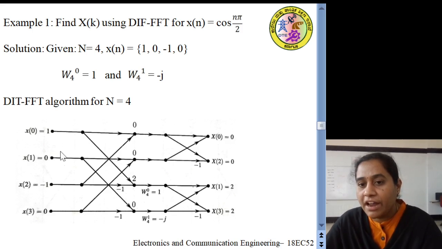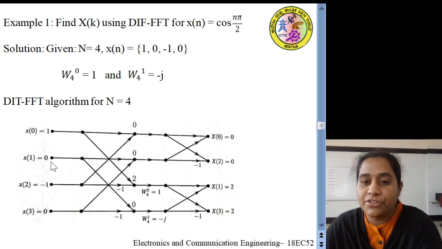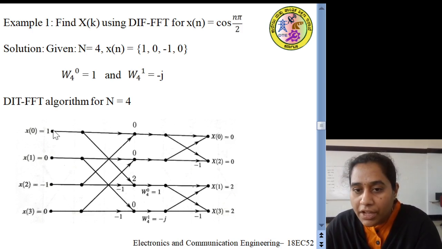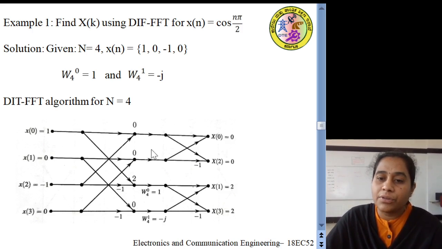Now, for N equal to 4, the DIF FFT algorithm flow graph can be written like this. We are taking the input in natural order: x of 0 is equal to 1, x of 1 is equal to 0, x of 2 is equal to minus 1, x of 3 is equal to 0. If we follow the butterfly operation, the output after this particular stage is 0, 0, 2 and 0. These values are taken as input to the next stage.